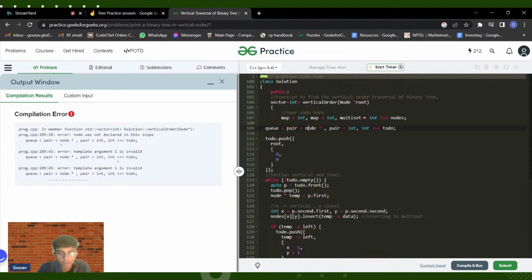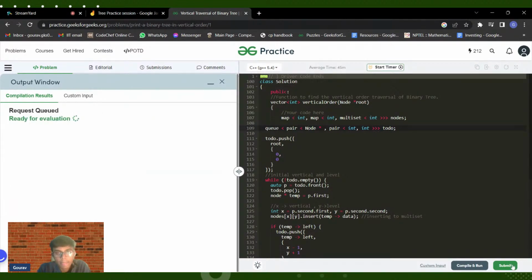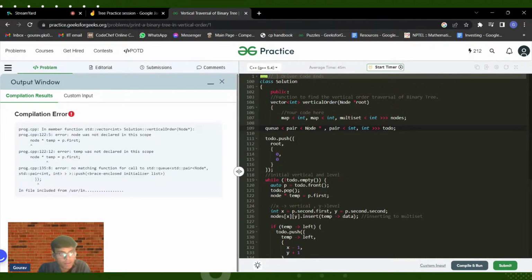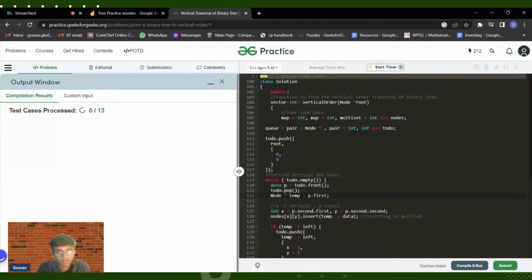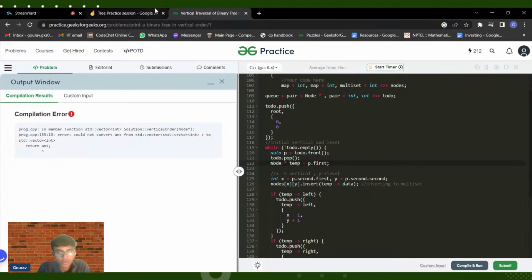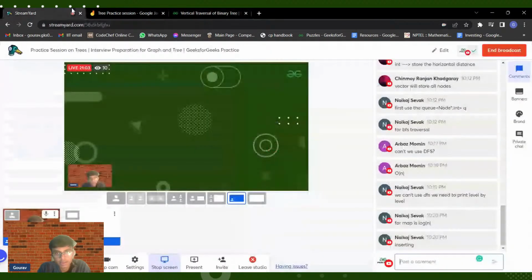This would be capital N. Let's see. Yeah. So this comparison error is basically saying that we are supposed to return.